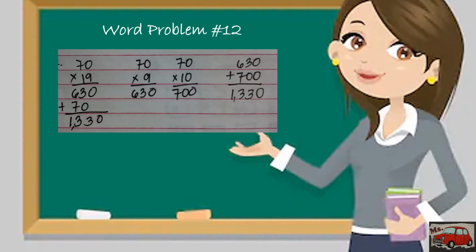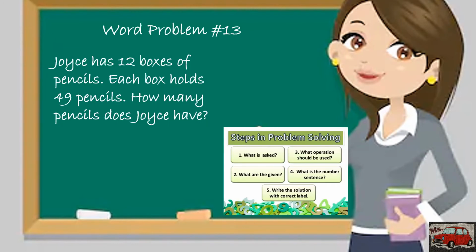So we have here 70 times 19, then we get 1,330. So, ibig sabihin, yung total ng candies sa 70 children ay 1,330 candies. Okay? So, if you want to use the grouping to solve it, you just need to add their product, then you'll get the same answer, 1,330.